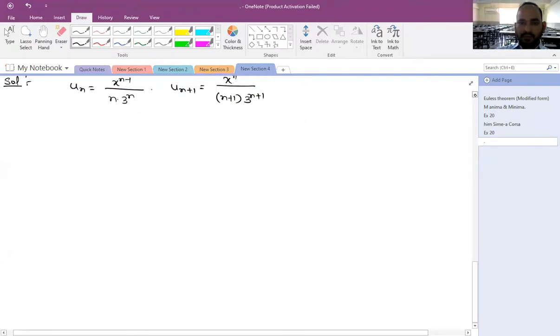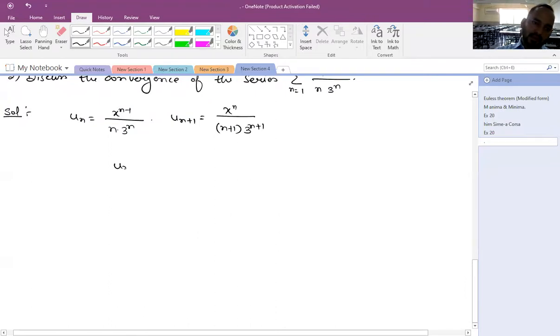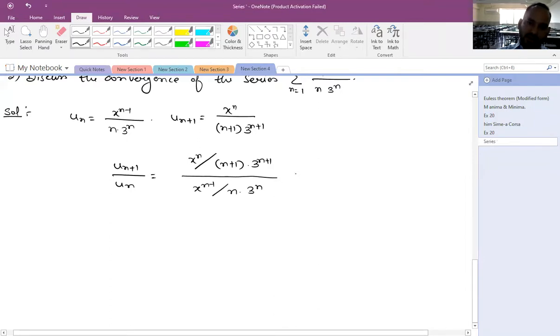Fine? So un plus 1 upon un is x raised to n upon n plus 1, 3 raised to n plus 1, upon x raised to n minus 1 upon n into 3 raised to n. So that is x raised to n, n into 3 raised to n, upon x raised to n minus 1, n plus 1, 3 raised to n plus 1.